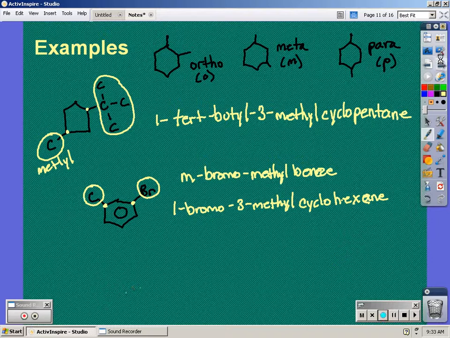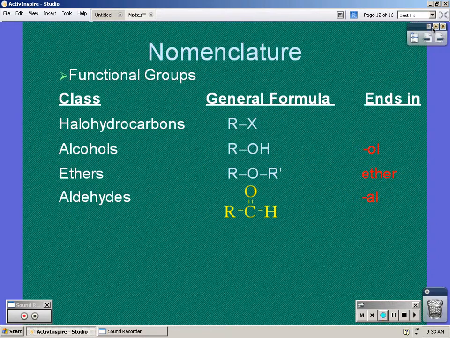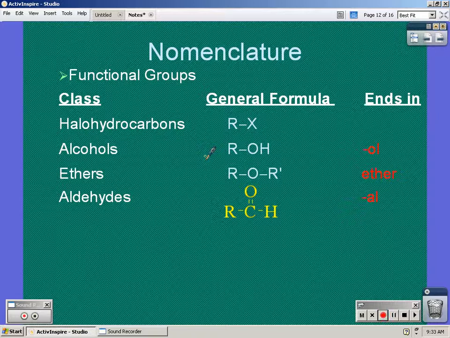Alright, there are also functional groups. Functional groups are very special side groups that change the properties of the carbon. So you could have a halocarbon, and we've already talked about those with the chlorine and the fluorine and the bromine. Halo meaning halogen. So you have your chain of carbons, which is what the R stands for, and then you have that side group. An alcohol, you have a chain of carbons, and then you have an OH group.